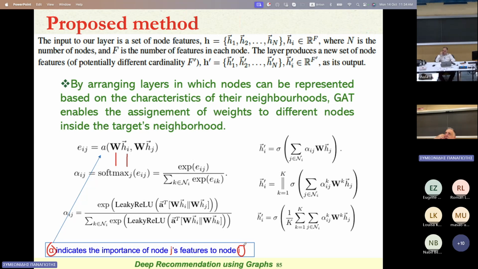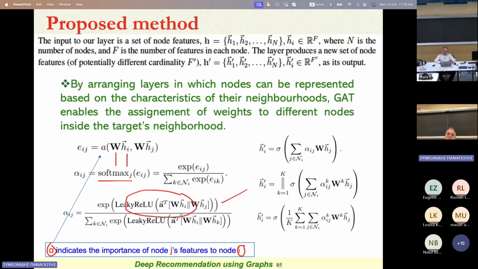Since a node has adjacent nodes, and you have incoming links from these adjacent nodes, you have to understand if there will be someone who should be given more importance than the others. And this is what happens here. And the softmax activation function is also used. Here in the numerator, we have the importance of one link.